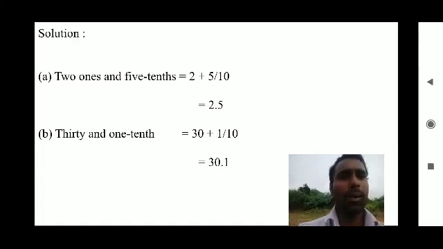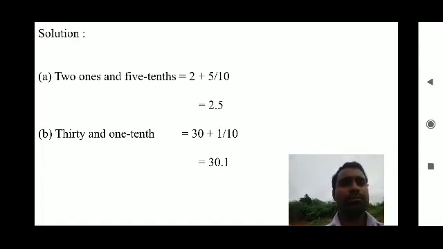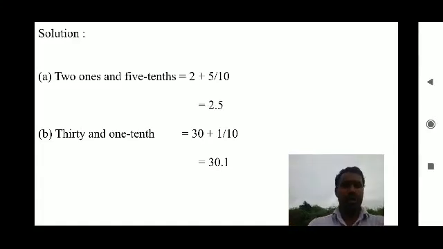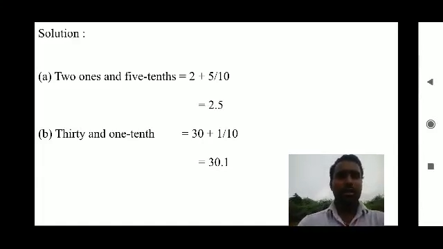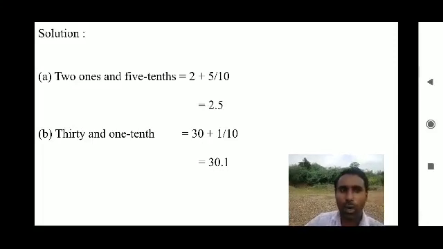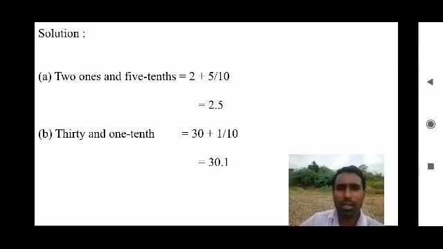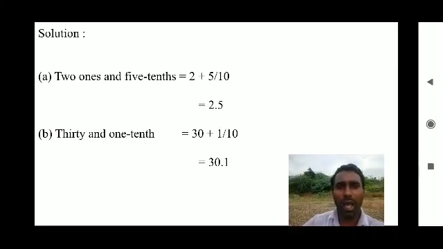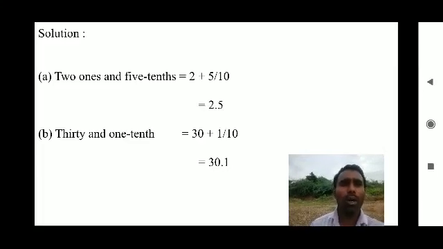Okay, the next one. Third, see here: 30 and 1/10. That means 30, and 1/10. 1/10 means 1 by 10.